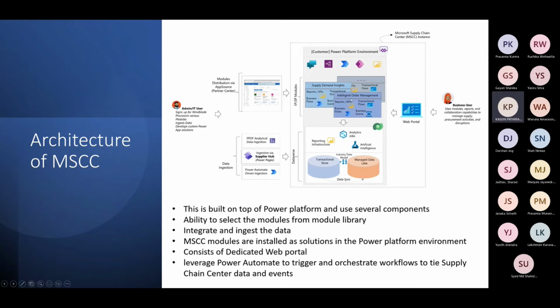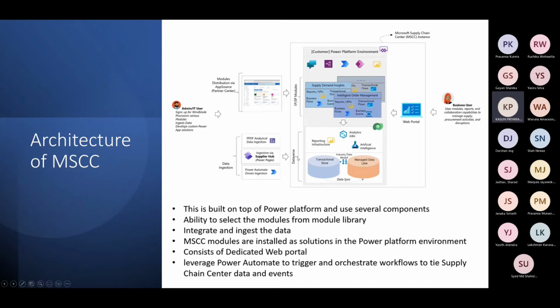So you can see on the architecture what is available. Here you have admin and IT users who can use the modules distributed via AppSource and the Partner Center. There's the data ingestion that we were discussing here, and then the customer Power Platform environment, with supply and demand insights and intelligent order management. Once you have the data, you can take it into Dataverse.